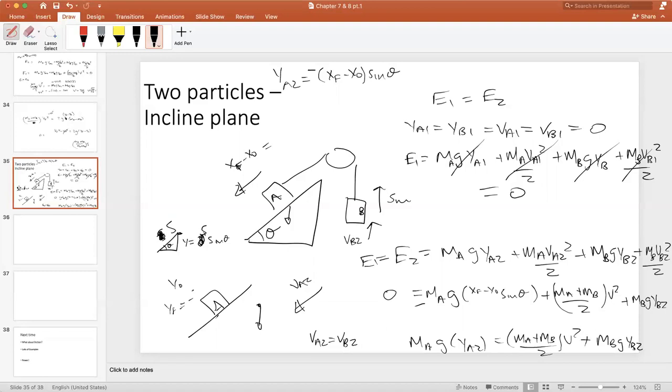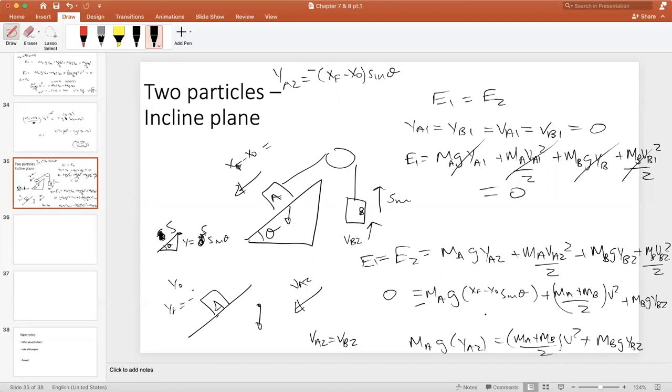The reason why I wanted to draw that like that is a couple things I want to note. First of all, VA2 and VB2 being equal, just remember that they're going in different directions, completely different directions. A is going down the incline, B is going up the incline.